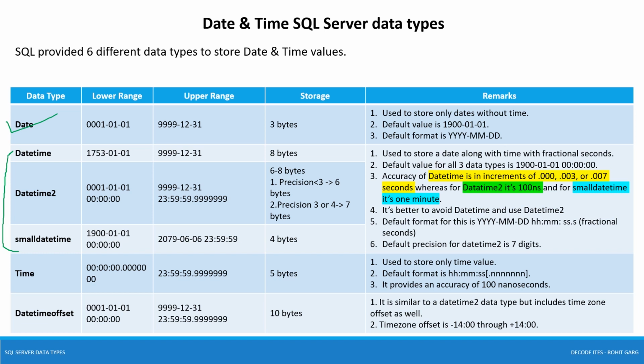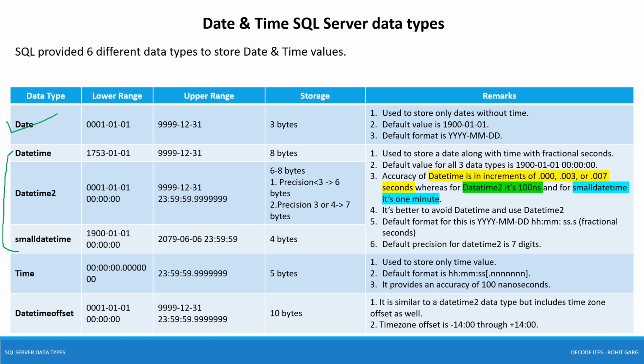That means it will save the value in increments of 0.000, 0.003, and 0.007 seconds, whereas datetime2 will hold the values in 100 nanosecond increments, and smalldatetime will save the values in 1 minute increments. It's better to use datetime2 and avoid smalldatetime or datetime.